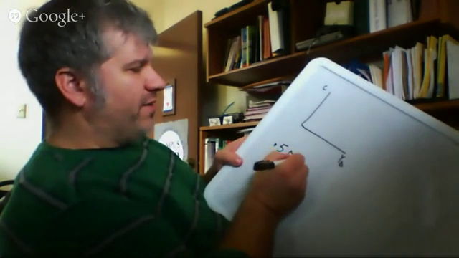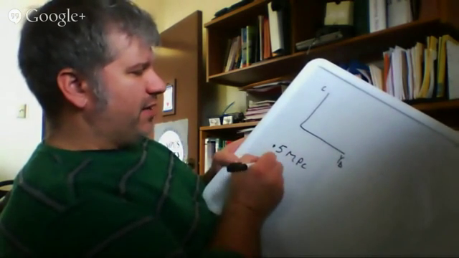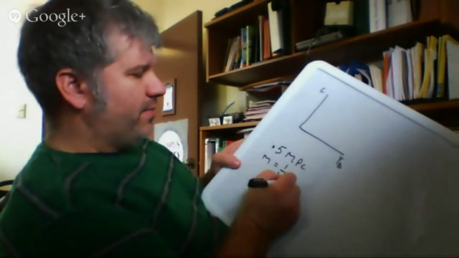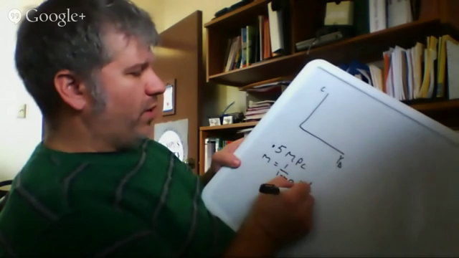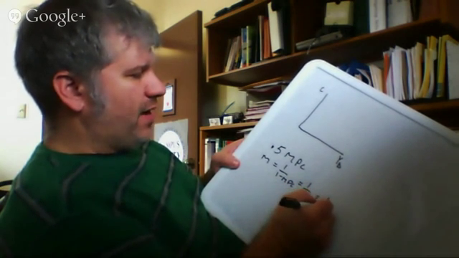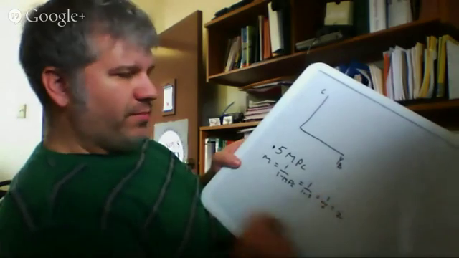So if 0.5 is the MPC, then the multiplier is equal to 1 over 1 minus the MPC, which is 1 over 1 minus 0.5, which is 1 over 0.5, equal to 2. And that's the answer. The multiplier is 2.